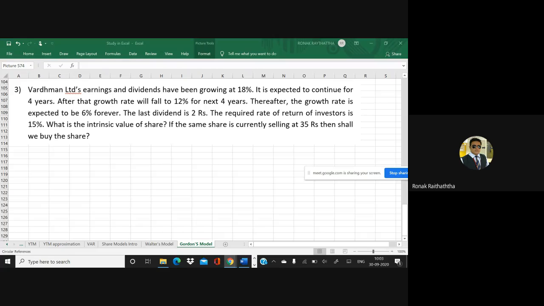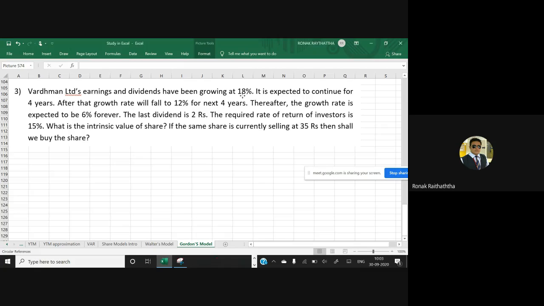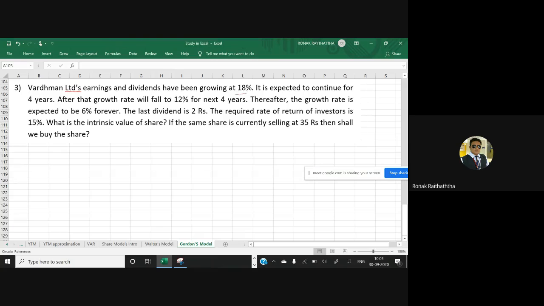Vardhaman Limited's earnings and dividends have been growing at 18%. Got it. Next information. It is expected to continue for 4 years. So 18% growth rate is only for the 4 years. After that, growth rate will fall to 12% for the next 4 years.